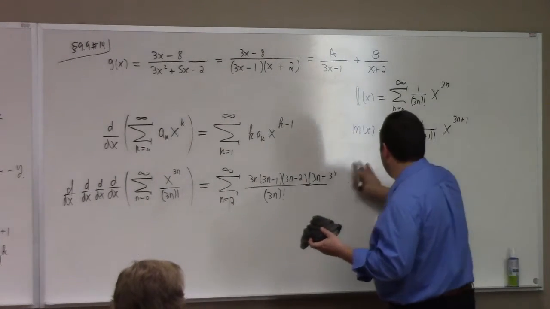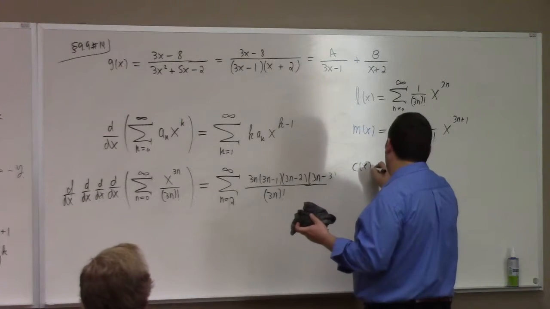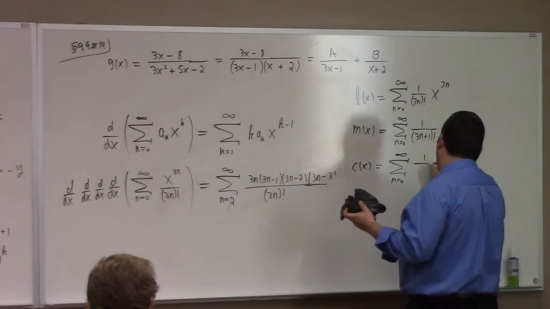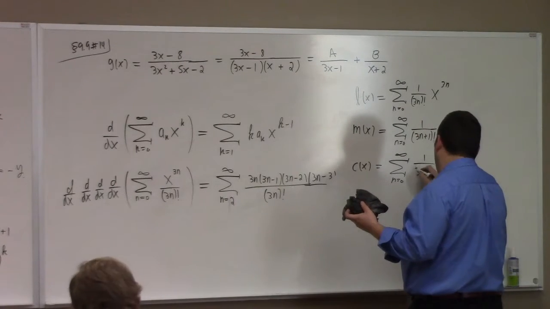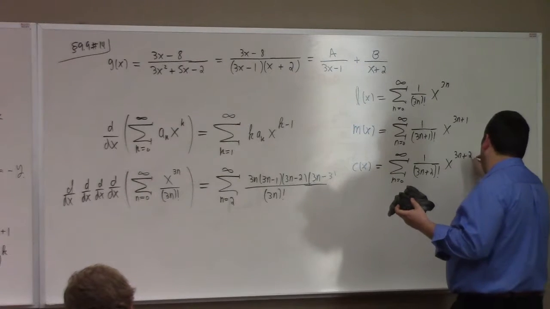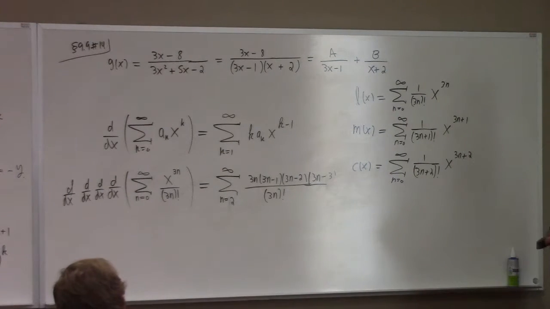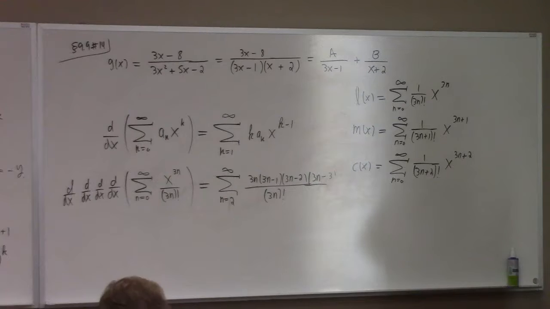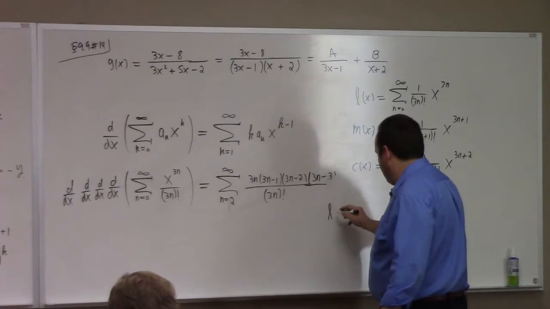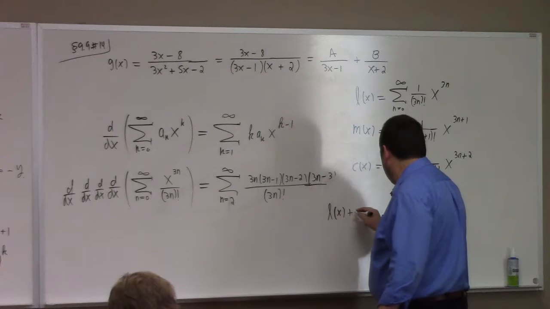The Curly function is this. And I guess the interesting thing about these functions is that if you add them together, what's the sum of Larry, Mo, and Curly?